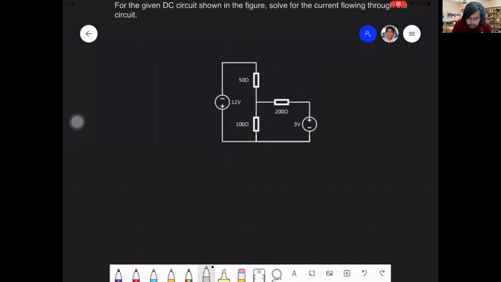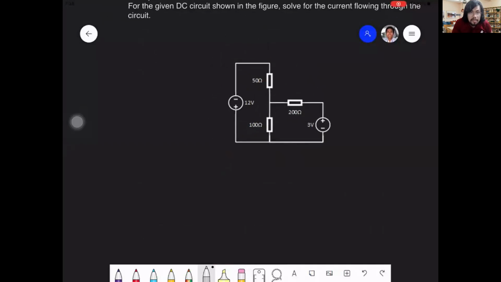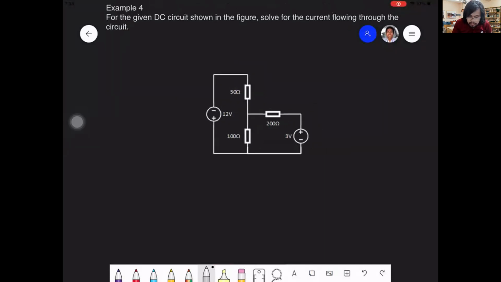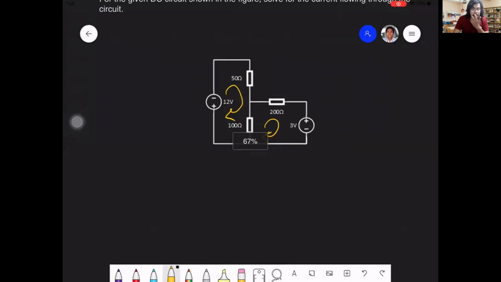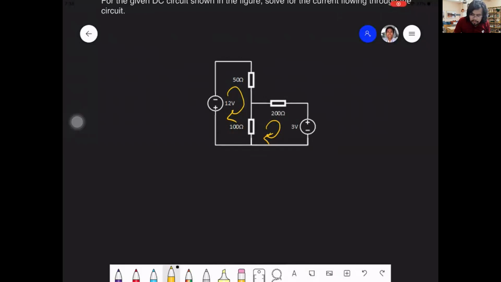So we have to solve for the current for what? We have two circuit branches. This is one, and this is another. So what we'll do is, we have to use the loop and junction rules over here because there's a junction over here and we have two loops, right?